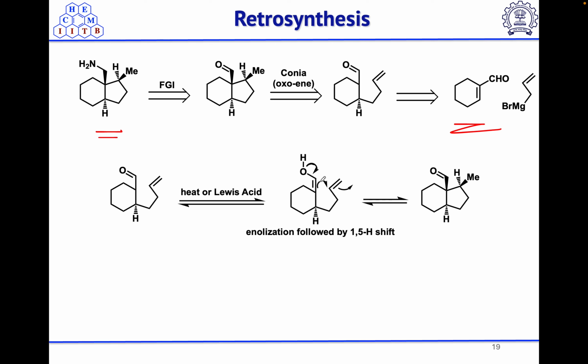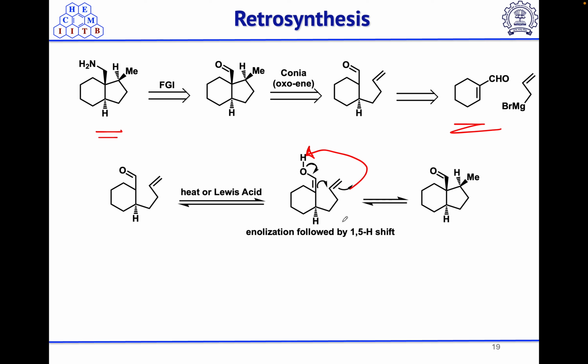Then ene cyclization will happen, a 1,5 hydrogen shift. This OH bond will break and this enol will add to this olefin, and this will take this hydrogen, not proton, hydrogen. So this is a concerted mechanism, not an ionic mechanism, and you will get this compound.